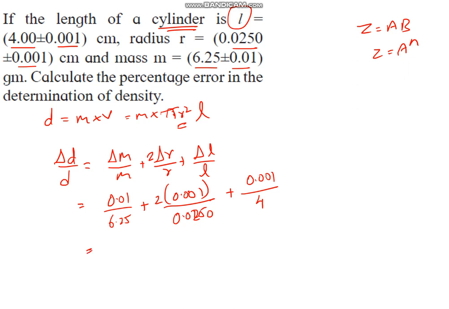So what we can do is, we can write this as 1 upon 625, multiplying numerator and denominator by 100. Here we'll multiply by 1000, so you'll get 2 upon 225, 2 upon 25 plus 0.001 by 4.